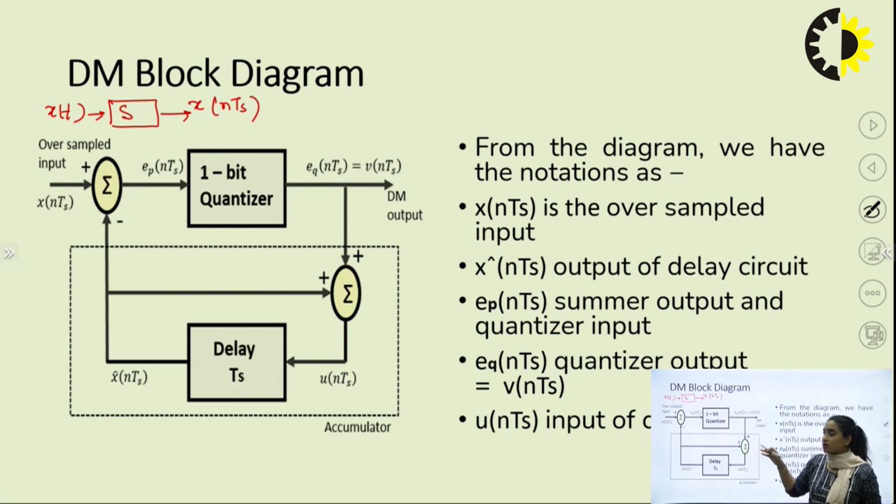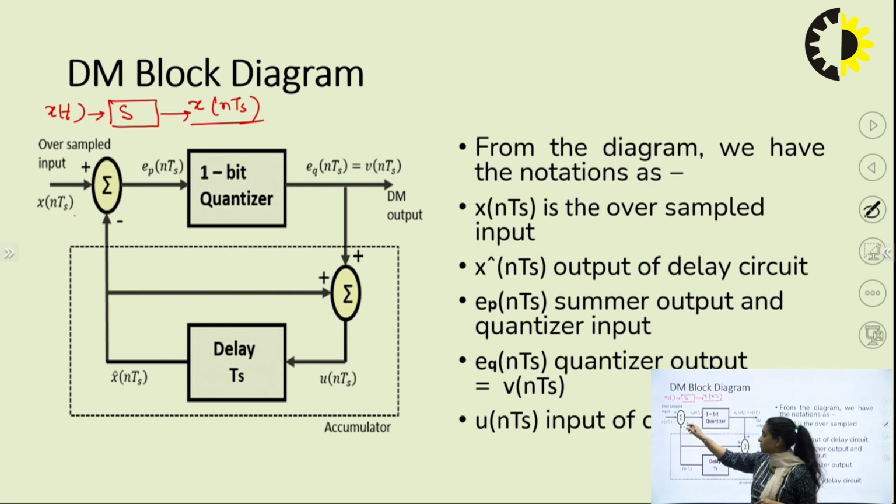What I am focusing on here is the quantizer. So I am excluding the sampling part and the encoding part from this block diagram. We assume what we get as input here is my sampled signal, which I represent by x(nTs). With the help of a summer circuit, along with this input, I give another input, which is the predicted one, the output of the delay circuit. This could be considered as the predicted sample value.